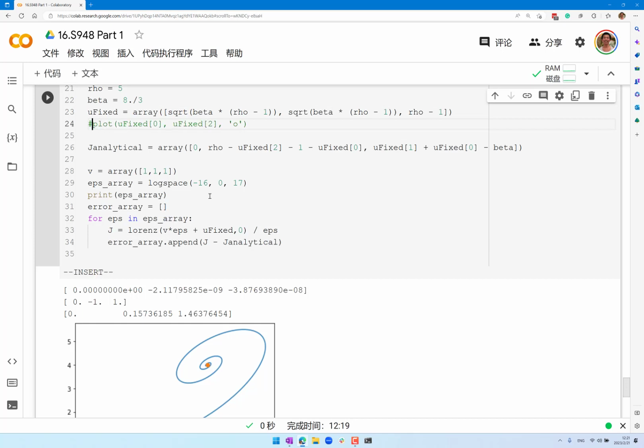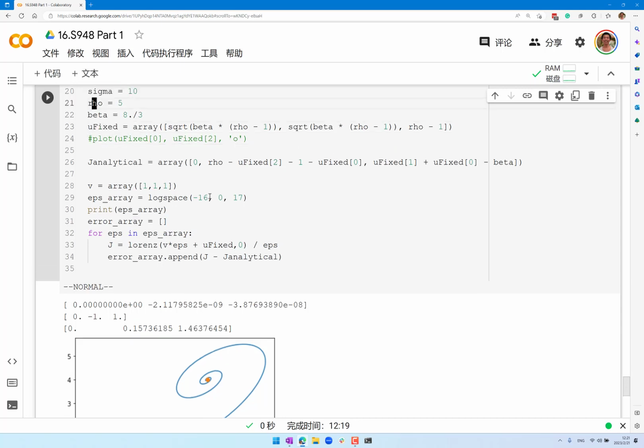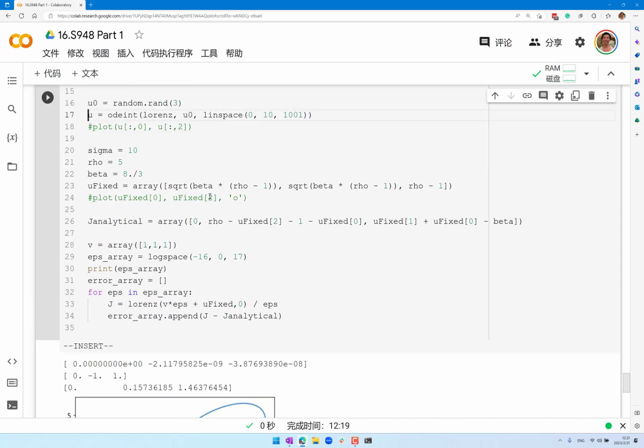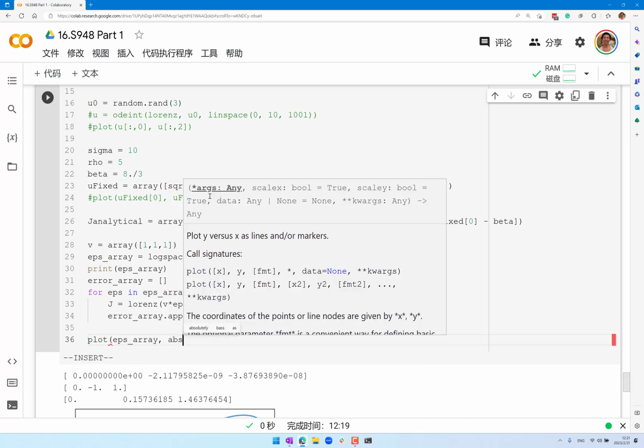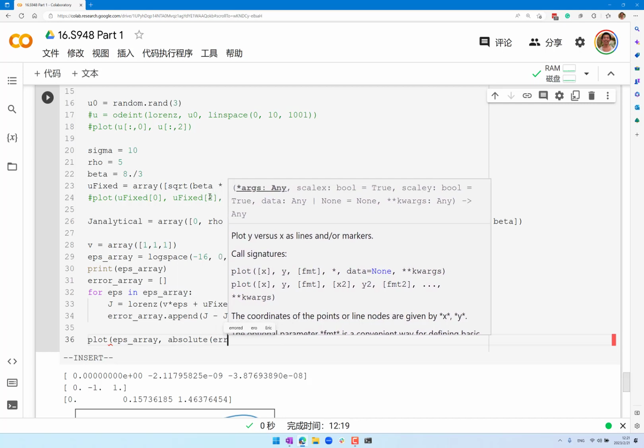This time, let's comment out this previous plot. Yeah, let's also comment out this plot. Also don't need that. And let's plot epsilon array against, let's say, the absolute value of this error array.